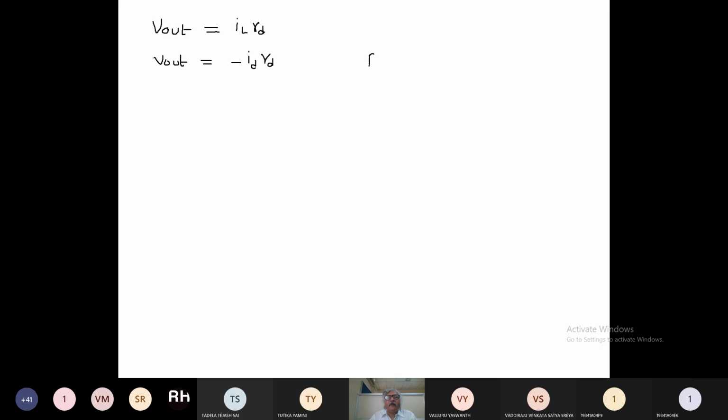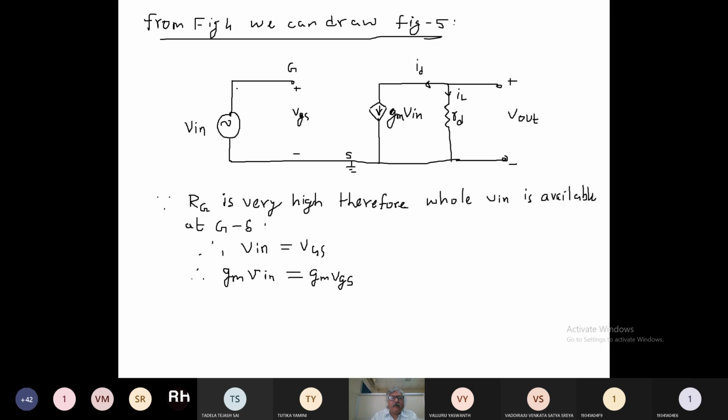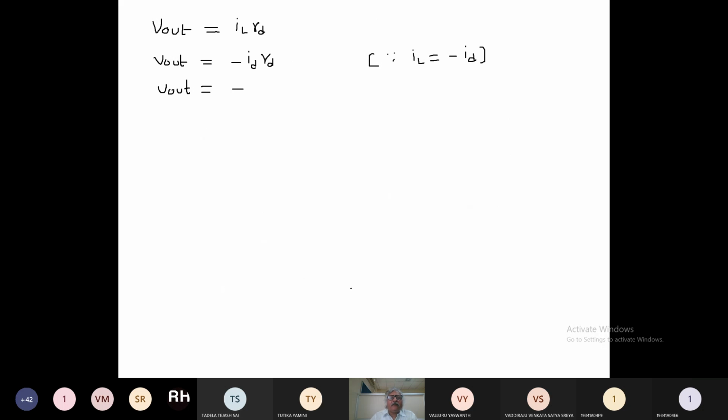So this we have written since IL is equal to minus ID. And now this can again be written as minus ID, and this ID is your GM Vin, right? And GM Vin you are writing as GM VGS.